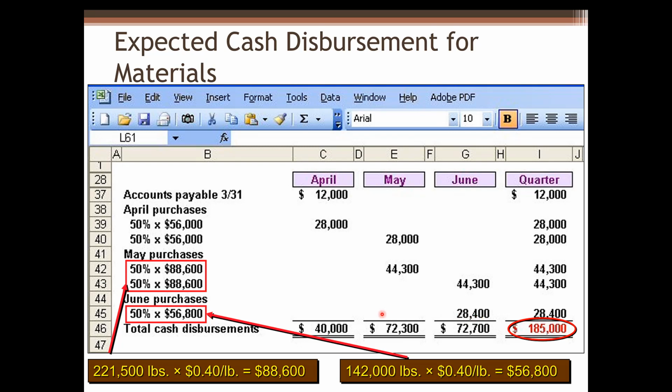The other half will be paid in July. Again, we are preparing the quarter ended June 30th, so July's payment will not be shown on this table. For the quarter column, we just add everything up, and the total cash disbursements for the quarter are $185,000.